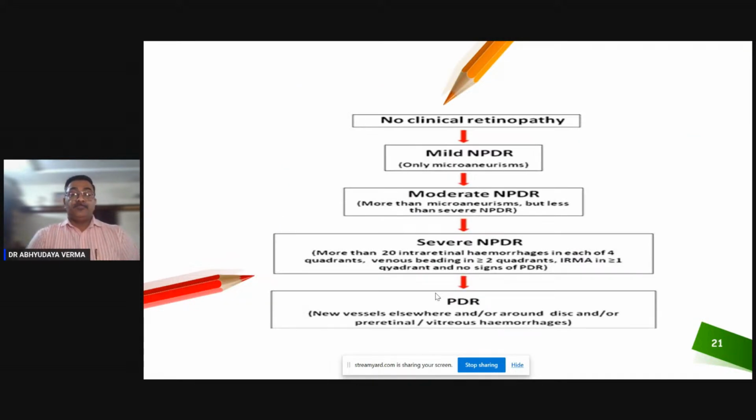So in mild NPDR, we have microaneurysms. In moderate, we have microaneurysms, but less severe. In severe, we have more than 20 intraretinal hemorrhages, venous beading, and IRMA. And in proliferative, we have new vessels elsewhere or around the disc or in periretinal areas, or sometimes vitreous hemorrhages also.